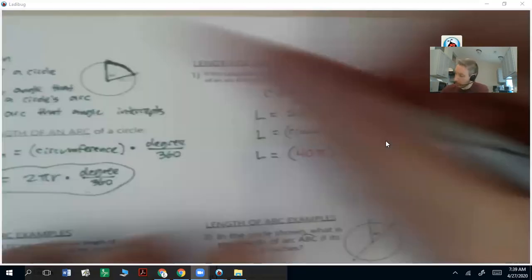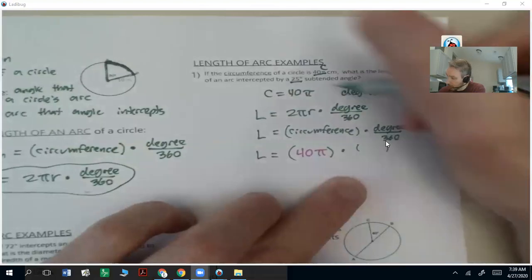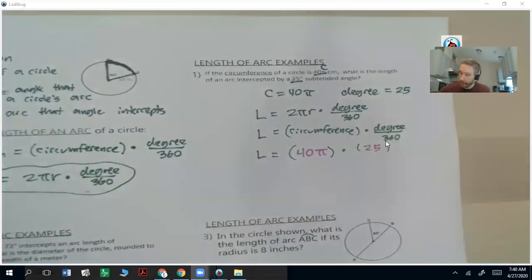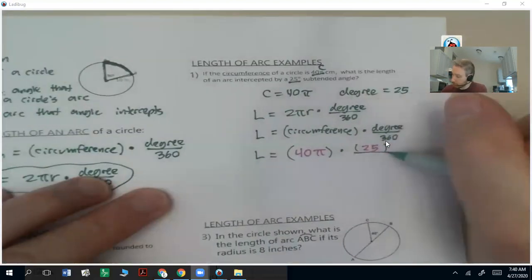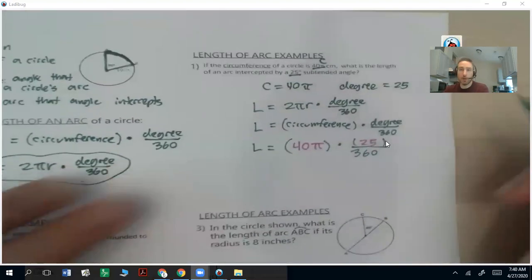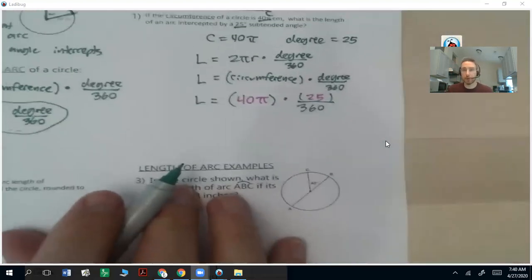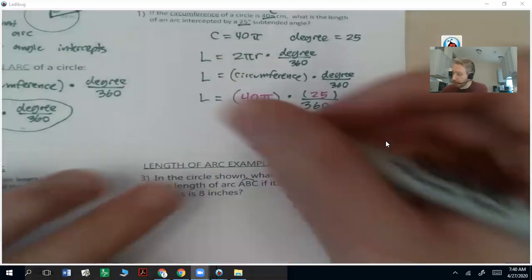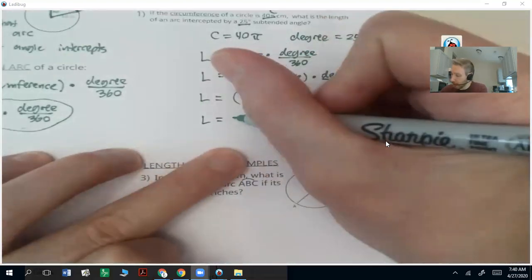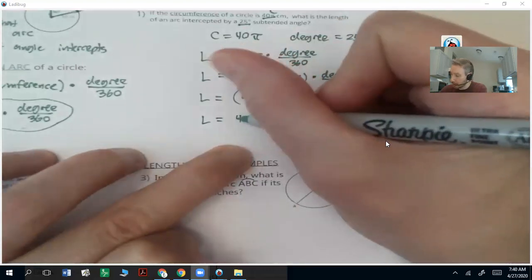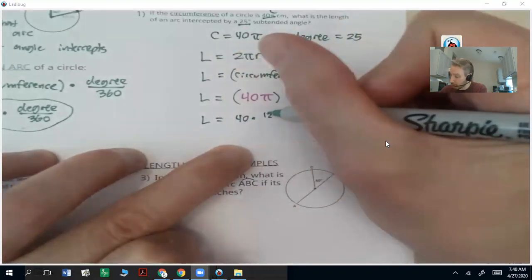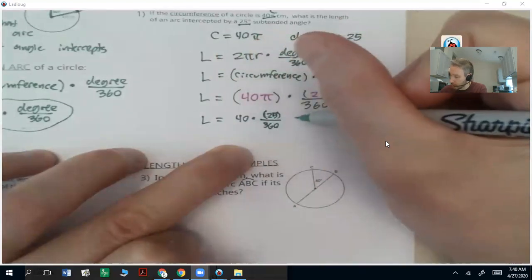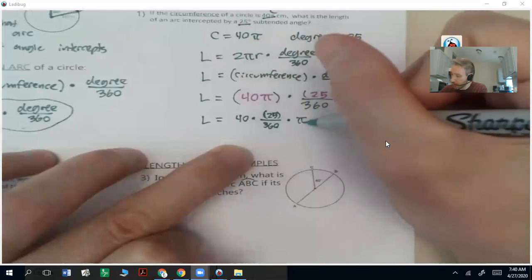The degree portion is going to be 25 degrees. And then we're going to divide that by 360. And I want to include that in terms of pi first. So on the calculator I'll say 40 times 25 over 360. If you rearrange it, putting the pi last, you could say 40 times 25 over 360, and then just say times pi.